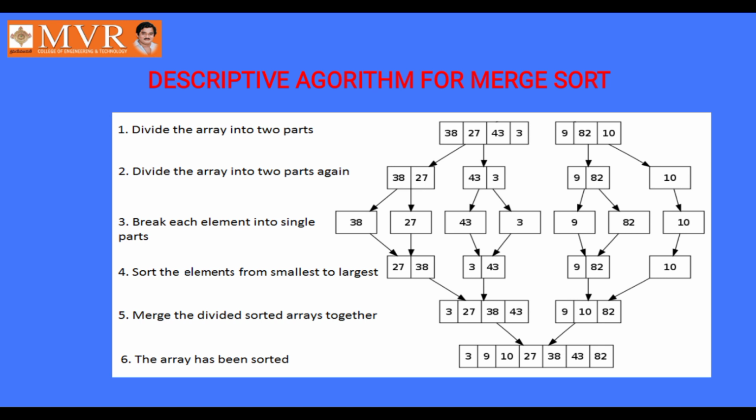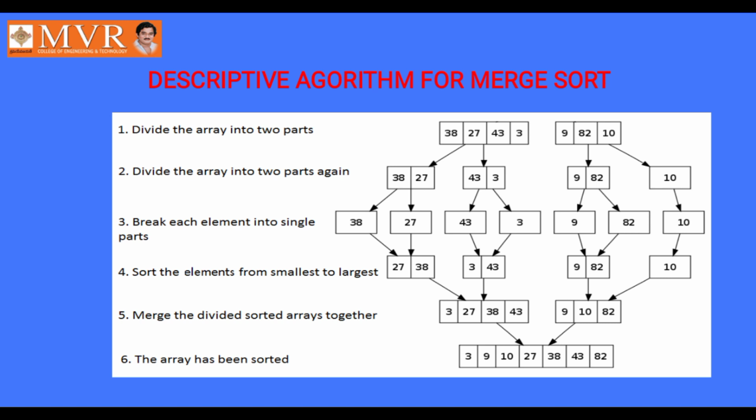See, after sorting 27, 38 and 43, I have combined them into one sublist, that is 3, 27, 38 and 43. Last step, the array has been sorted.